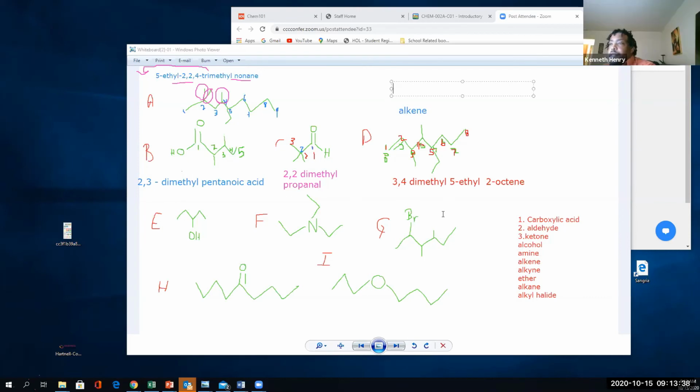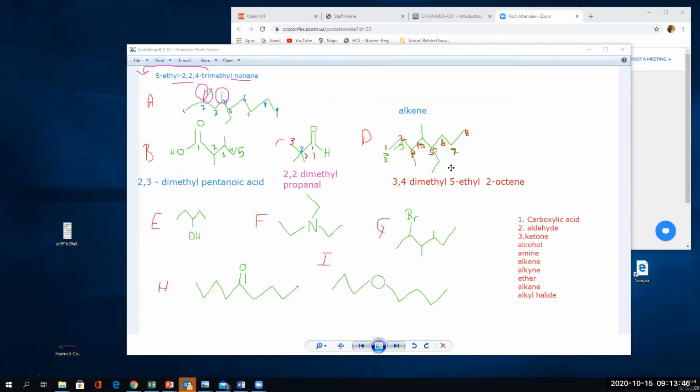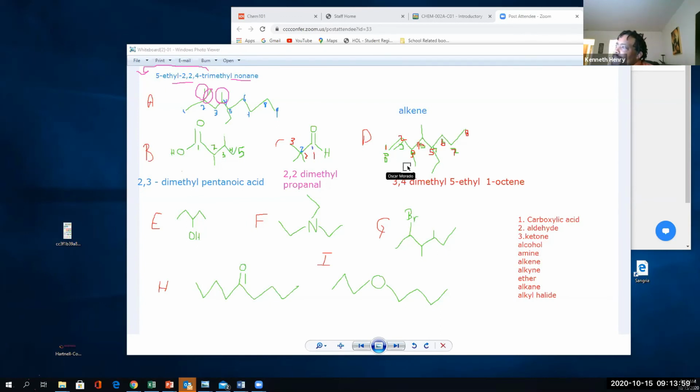The left, but what carbon does it start at? 1. Starts at the 1. Okay, so we have 1, 2, 3, 4, 5. So then that means we have 3, 4. Yep, that's good.